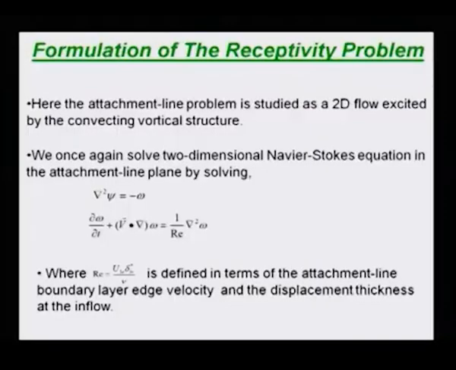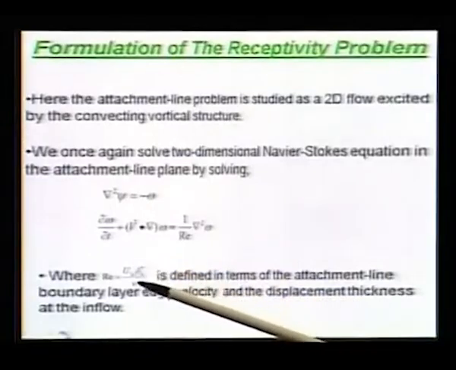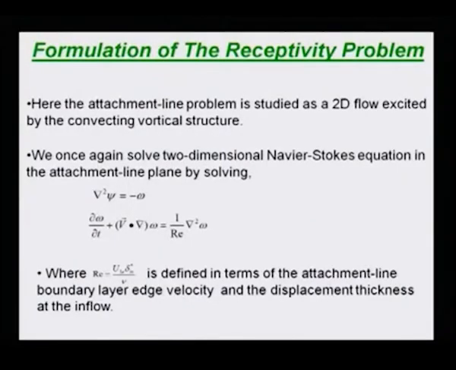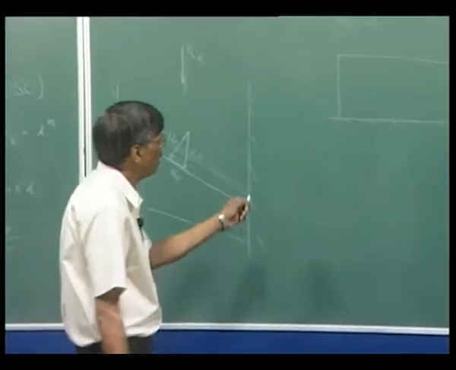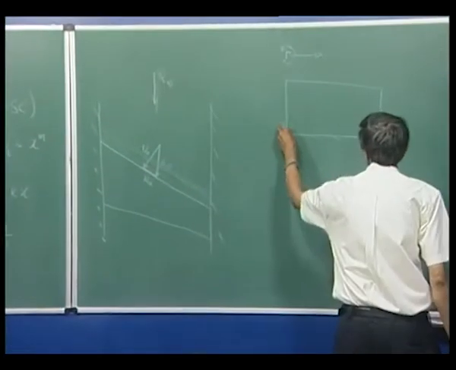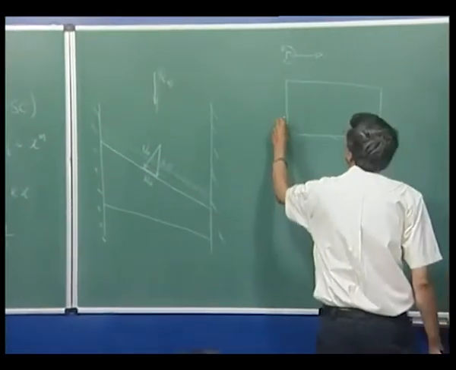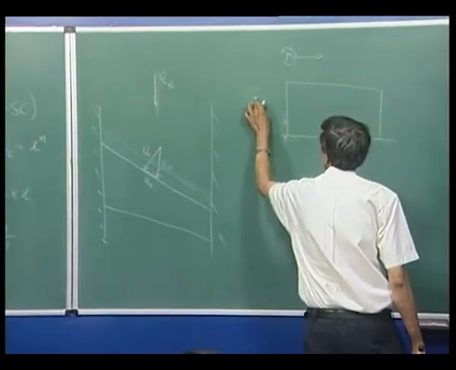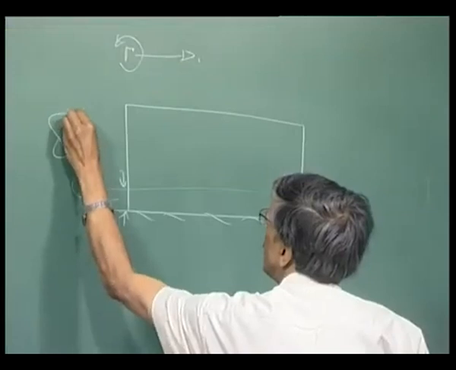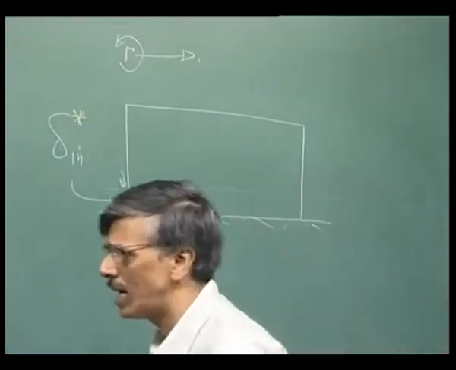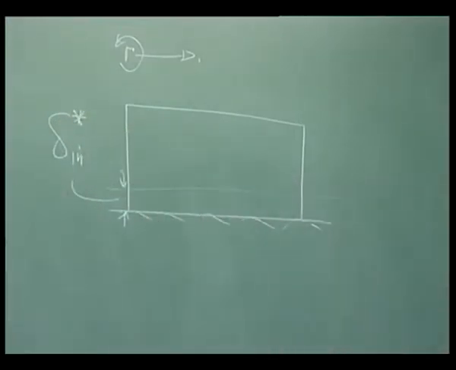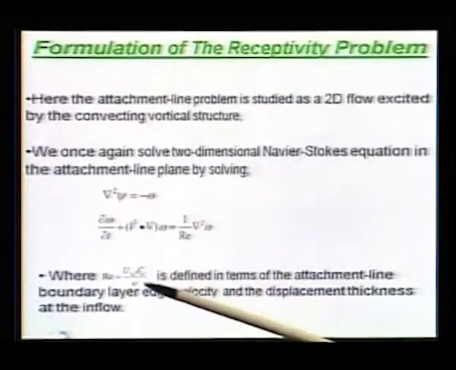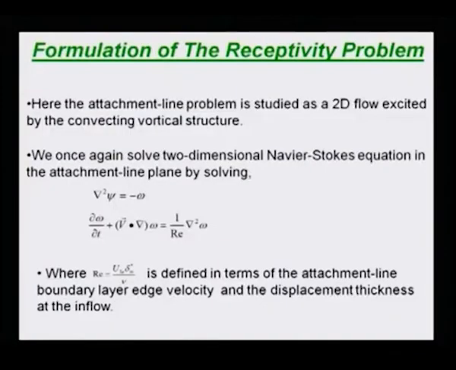So, that we have calculated, and the length scale we have purposely taken as, see, your attachment line boundary layer would be somewhat like this. So, you take this as your delta. So, this is your length scale, that is what has been used in defining this Reynolds number. Okay.